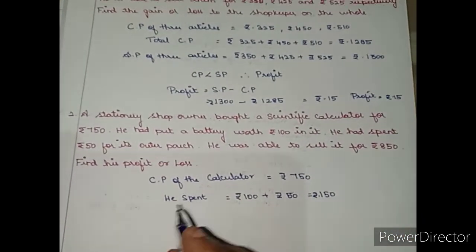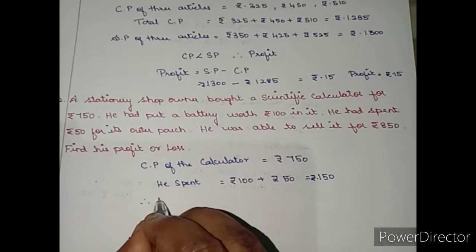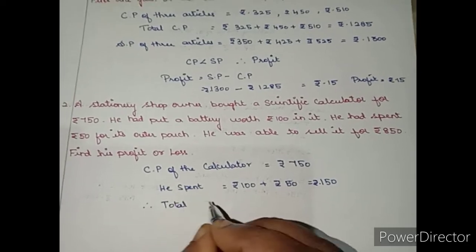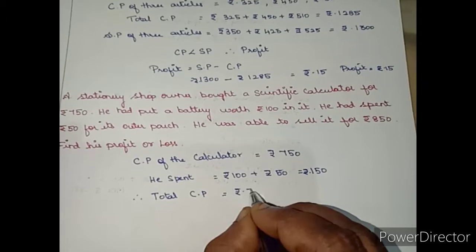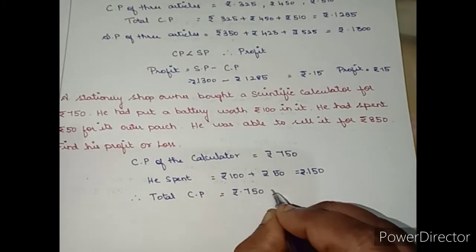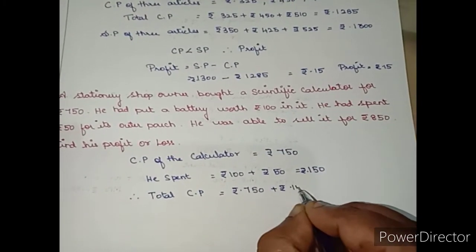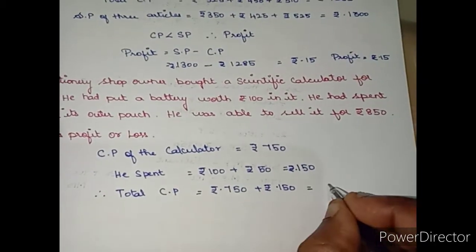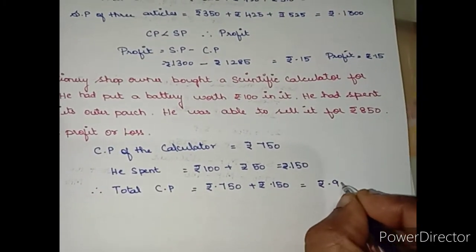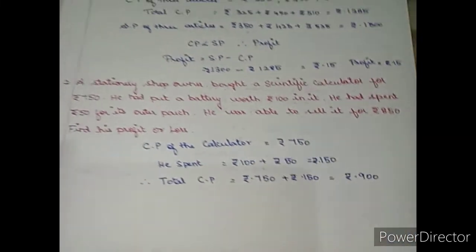So we have to add this. Therefore, total CP is equal to rupees 750 plus rupees 150, which is 900. So CP is 900.